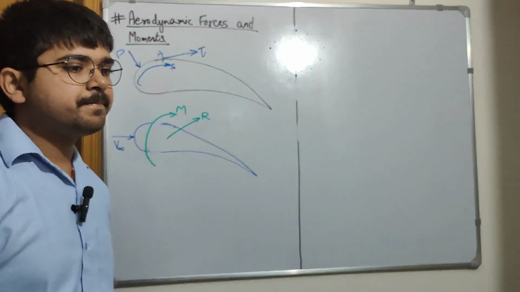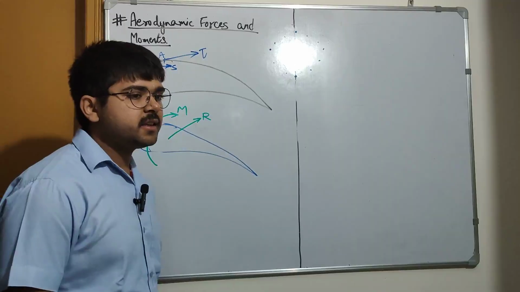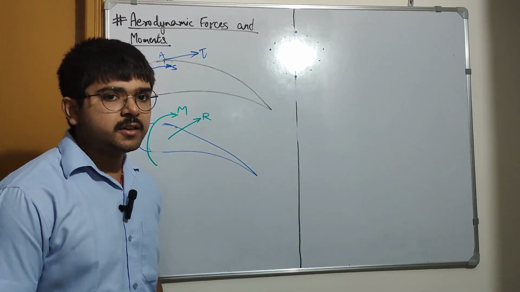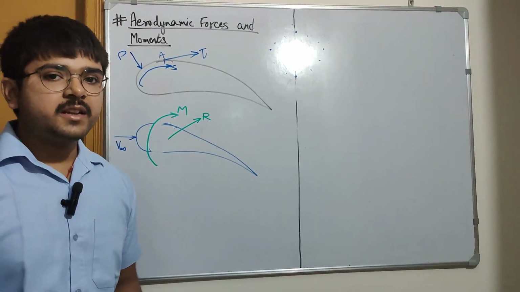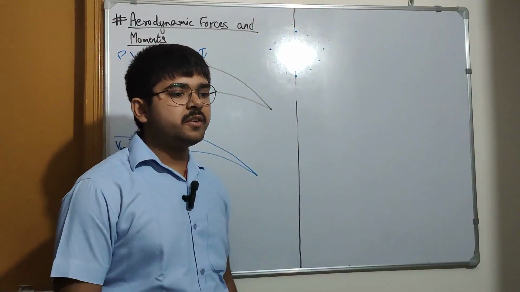Now, how do we resolve R into other quantities so that we have manageable variables for calculating the lift and drag?